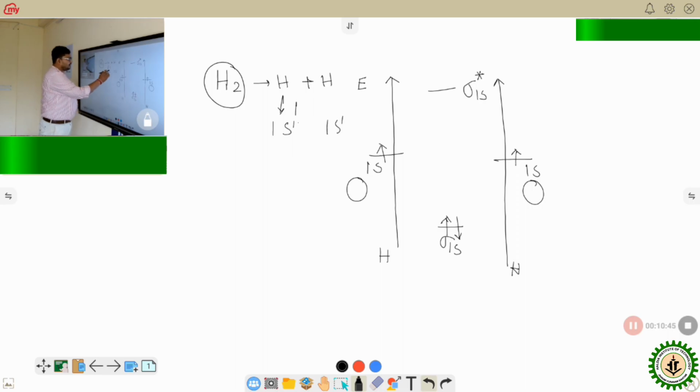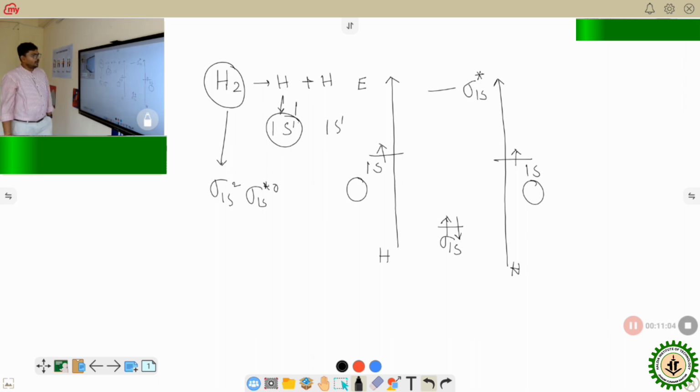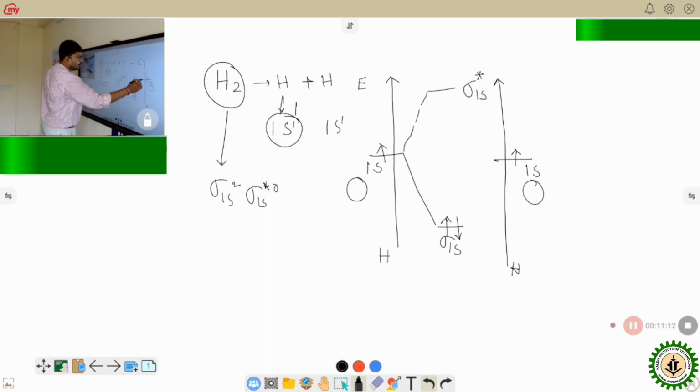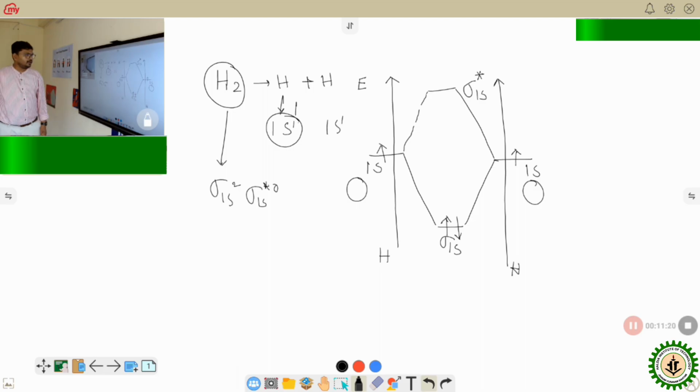So while the atomic electronic configuration of hydrogen is 1s1, now the molecular electronic configuration of this H2 molecule will be sigma 1s2 sigma star 1s0. And since these two molecular orbitals are formed from the linear combination of these two atomic orbitals, we can draw the lines to show that the contribution from these two 1s atomic orbitals forms the bonding and the antibonding molecular orbital.